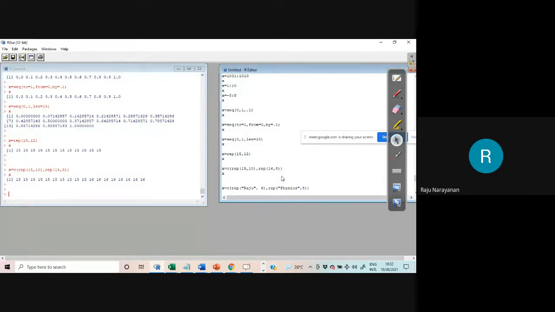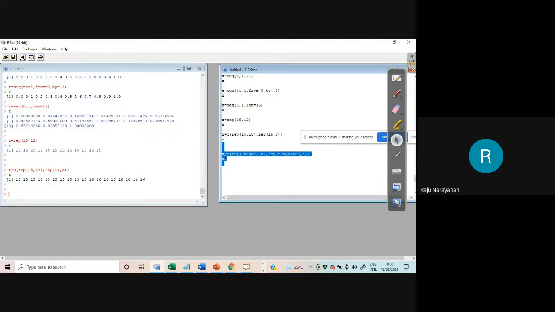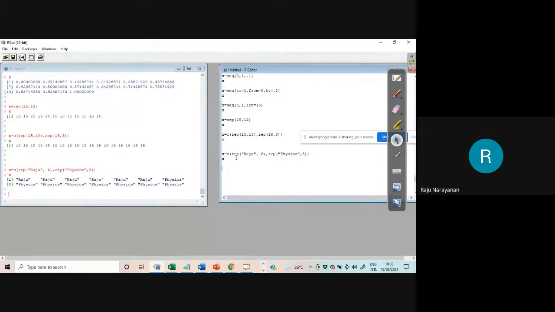Suppose in some case officer, manager, etc., you need not type that many times. You can avoid repeating these things. If we type more, we may make more mistakes. Therefore, you have now studied 2 functions: the sequence function and the repeat function.